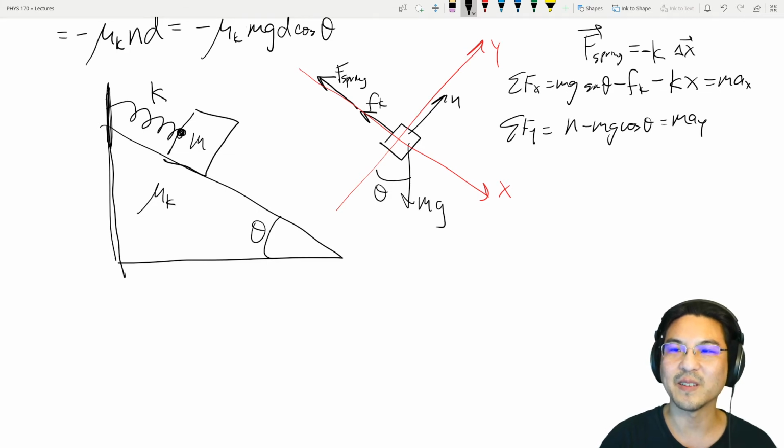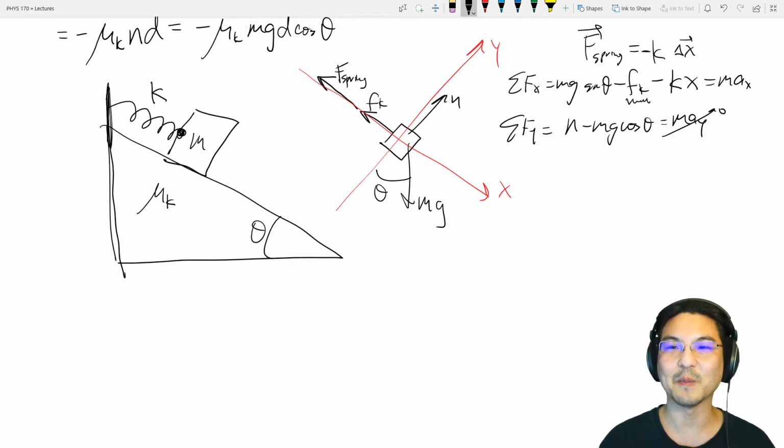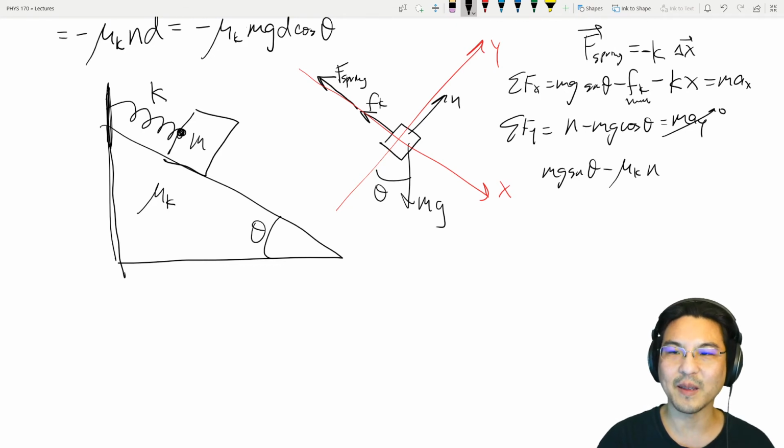Okay, and then in the y direction, n minus mg cosine theta equals mass times acceleration. There's no acceleration in y. Okay, and then friction is mu k times n.